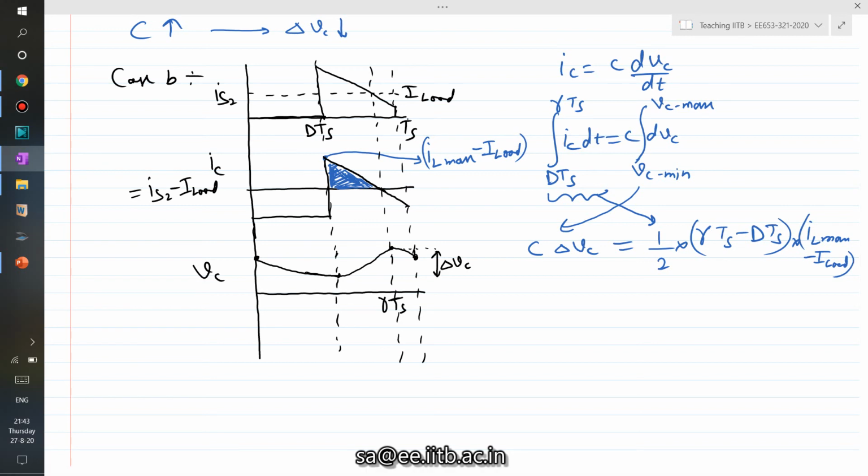Now if you see this equation, you know the value of C, you don't know the value of gamma. So how do you find the value of gamma?